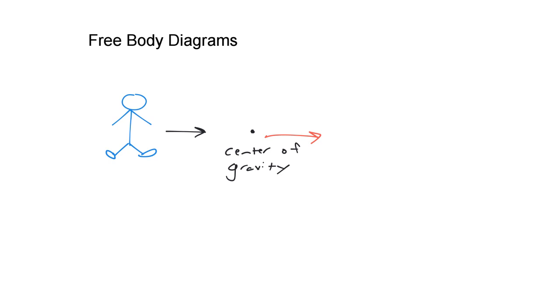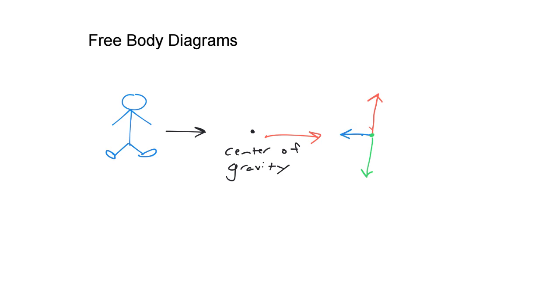So we keep that point in the middle, and then we can say maybe we've got a lifting force as they get shot out of the cannon. Maybe there's always going to be a gravitational force. Maybe they were already running forward, so they've got some air resistance pointing backwards.